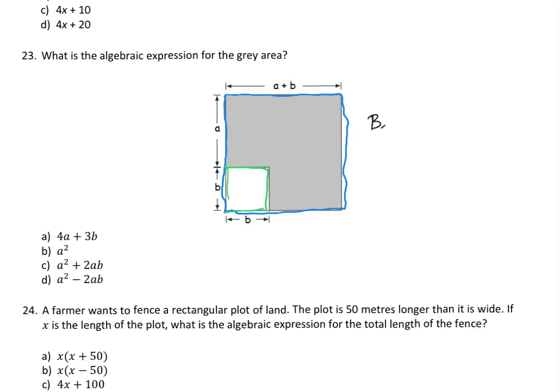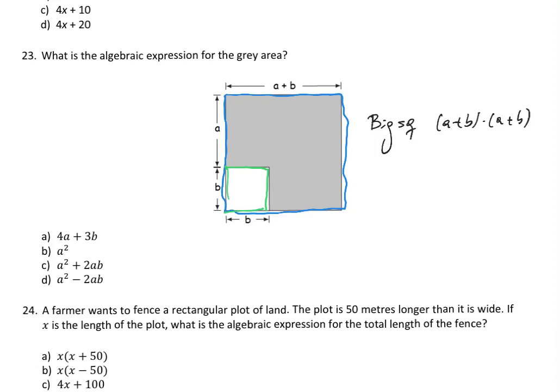So, big square. What is the area of the big square? A plus B times A plus B, base and height. That is the area of the big square. We have to multiply this, right?